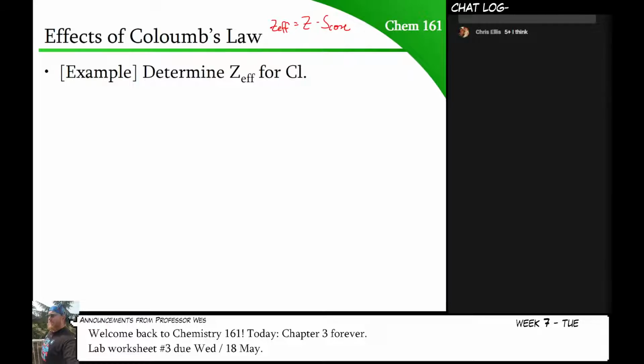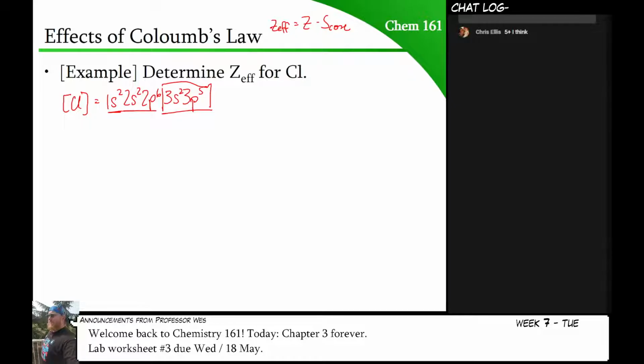First, we're going to write out the electron configuration for chlorine. I'm going to write the whole thing out to make it easier. All right, so there we go. I'm going to circle my valence electrons, so that's n equals 3.